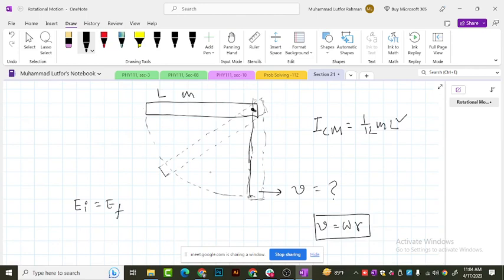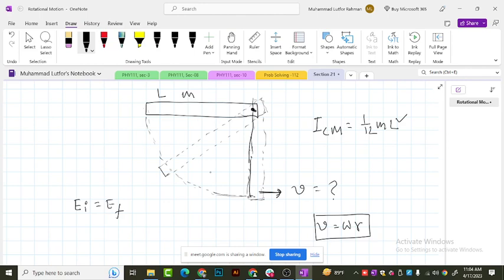It is a portion of a circle, so it rotates about this point. This point has a velocity v, which we can correlate with the angular velocity ω.